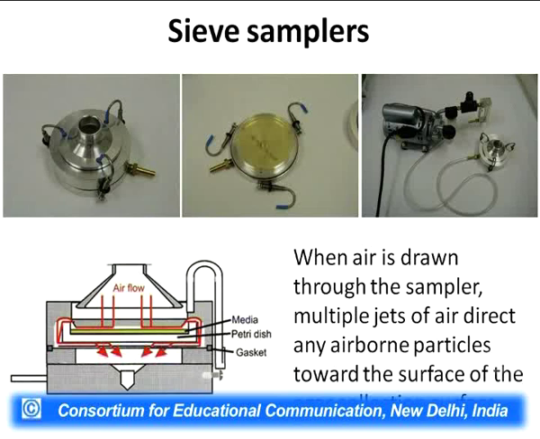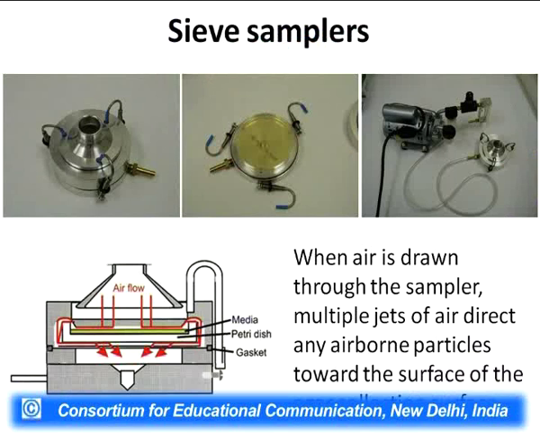In the bottom picture, we can see with the schematic that air is passing from the top and first collides with the agar plate, and during the collision the particles are deposited onto that surface, and from there the air stream is reflected and goes outside with a narrow stream.